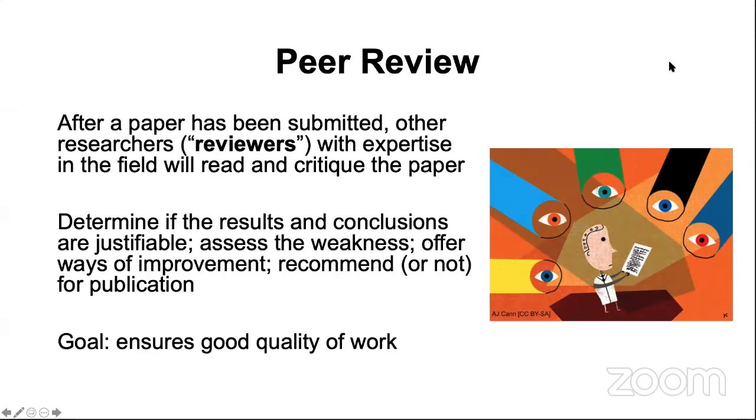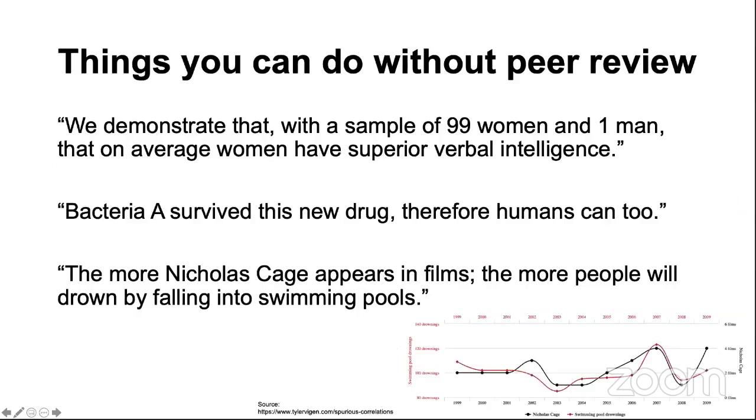And what can happen if there are no peer review mechanisms? Well, then the researchers can just make really ridiculous statements. So these are just made up examples. But first, we can say, okay, so we demonstrate that with a sample of 99 women and only one man, that on average, women have superior verbal intelligence.